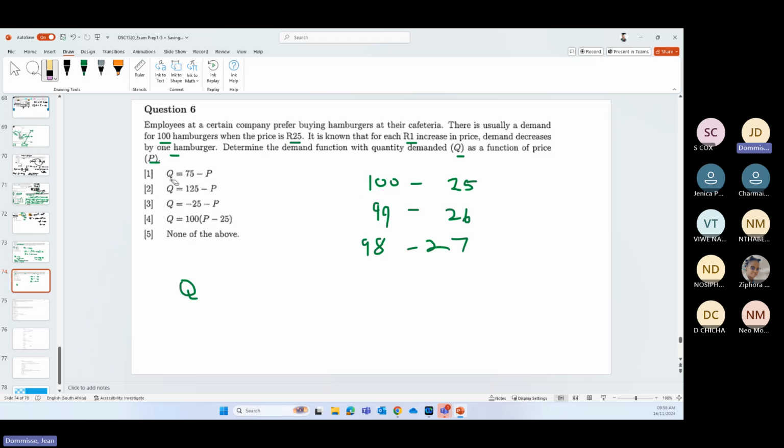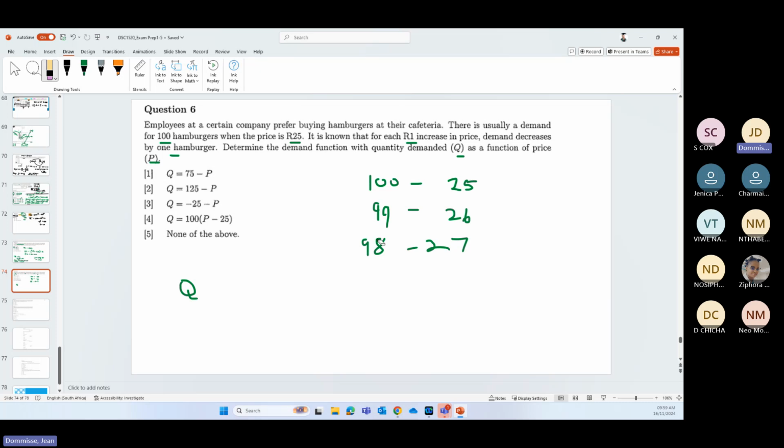So let's see. I'm wondering about that. As price goes up, that goes down. But does that go down in the right way? So if that's 26 minus 25, that does not feel like the right one.